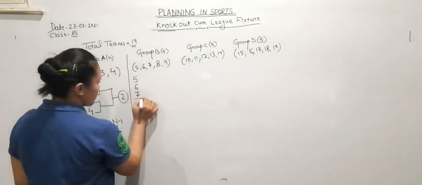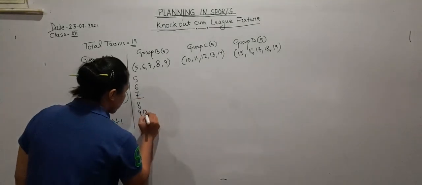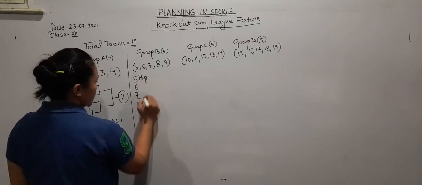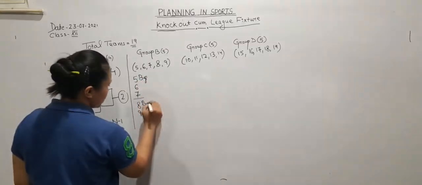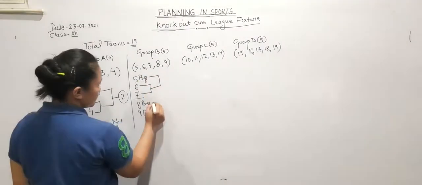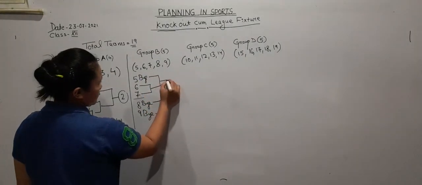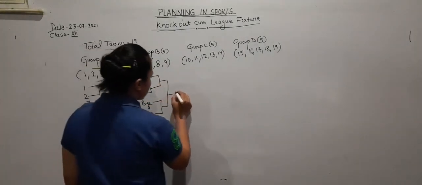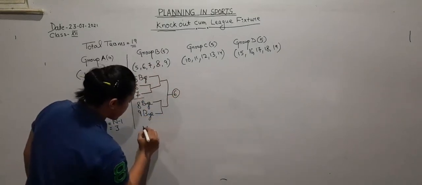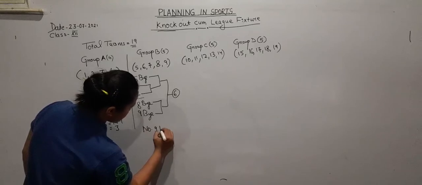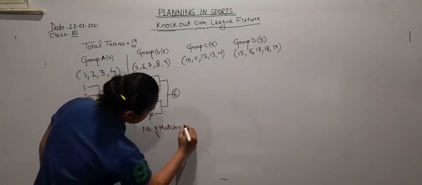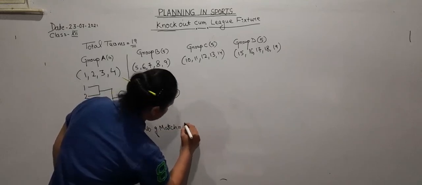Divide the teams into 2 parts. 6, 7, 8. We will give 2 byes. Competition between 6 and 7. Let 6 be the winner. And the number of matches will be 4.